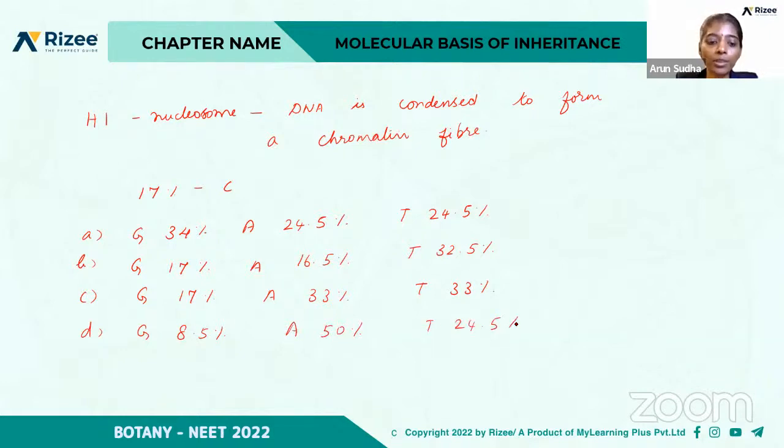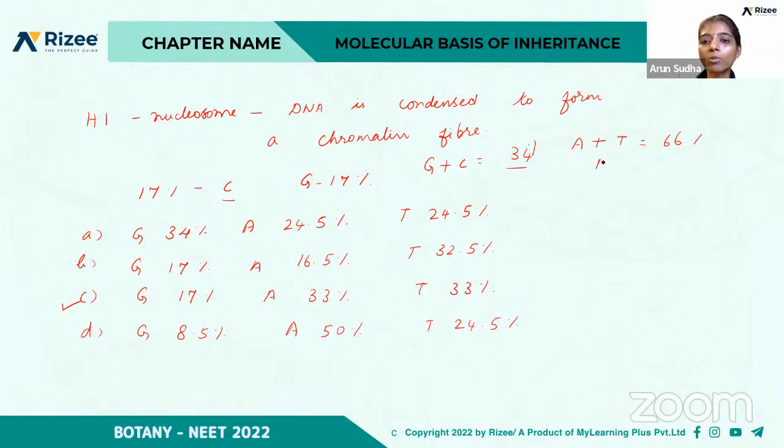So which is the right option? Yes, C is the right option, because when C is 17%, obviously G is equal to C, right? So G is also 17%. So what is the value of G plus C? That is 17 plus 17, which is 34, right? So A plus T will be 66%.